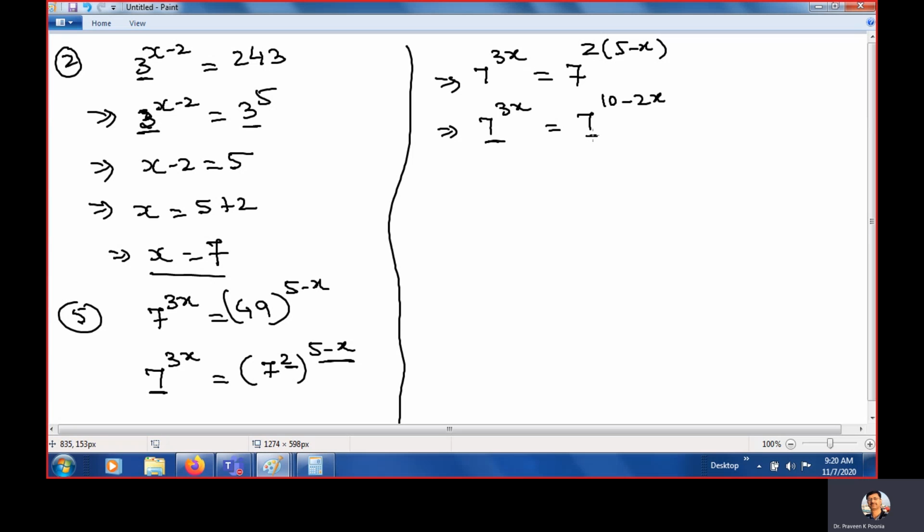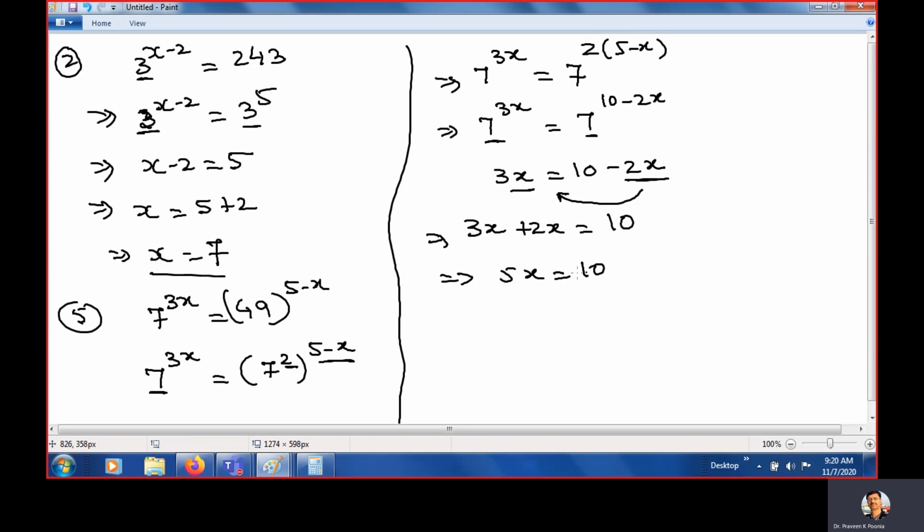Now the base is the same, so the powers we equate: 3x is equal to 10 minus 2x. Now club x together. So 3x, shift this side, plus 2x equals 10. And 3x plus 2x is 5x is equal to 10.